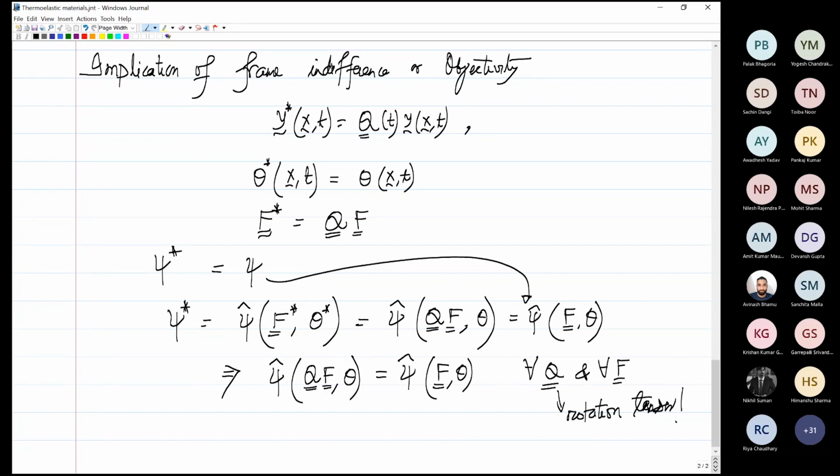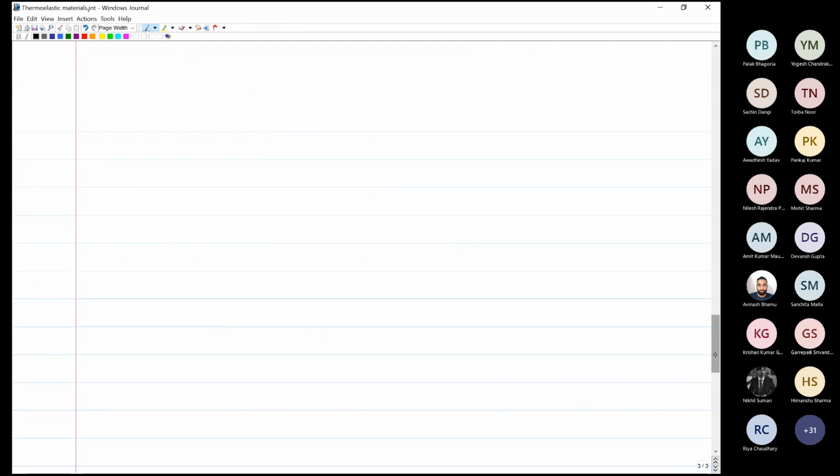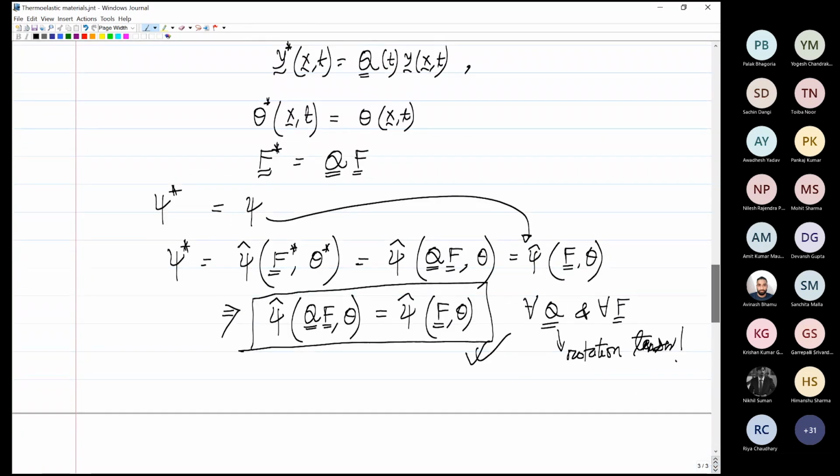So what's the implication of that? It's really going to put a huge restriction. Can someone tell me how we can proceed from here? So this is the mathematical restriction. What will we then say about the function psi hat? If you evaluate psi hat at f or at qf, it has to give you back the same thing.